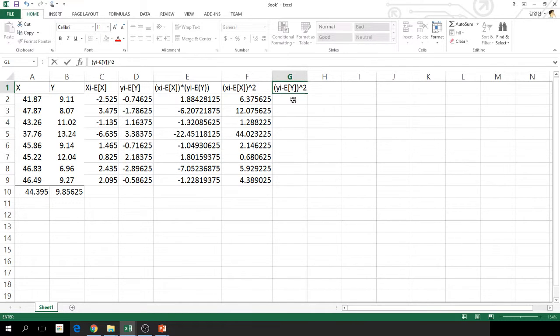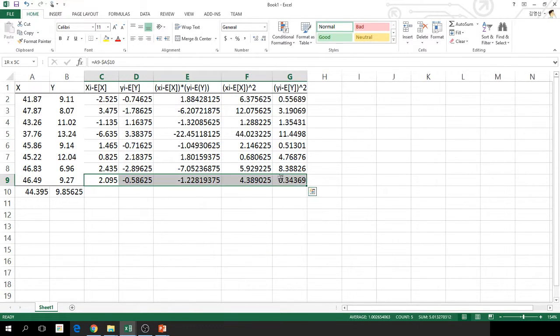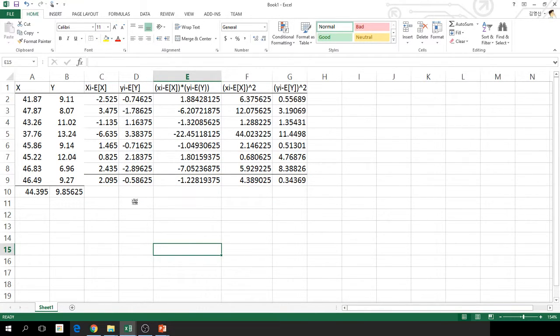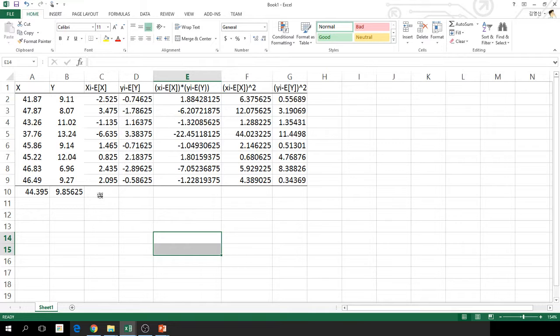So this column is this number squared for every row. Okay, and let's give some bottom border and clean up the top border, I'm sorry, bottom border. Okay. So then it is beautiful.